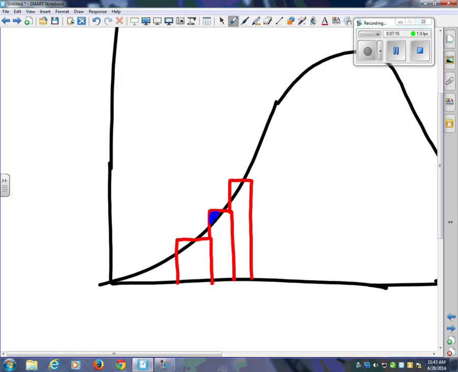But conveniently enough, that little bit is almost the same as that little bit there, which is the opposite, so it evens out. If you make the columns small enough, the amount that you're over and under are practically equal to each other. That is a key idea under integration, which is the opposite of derivatives.